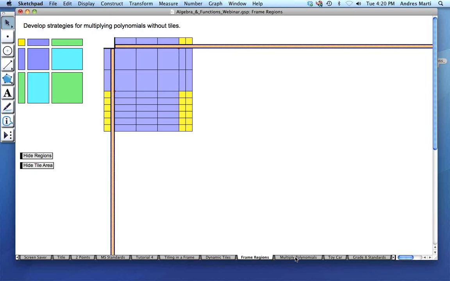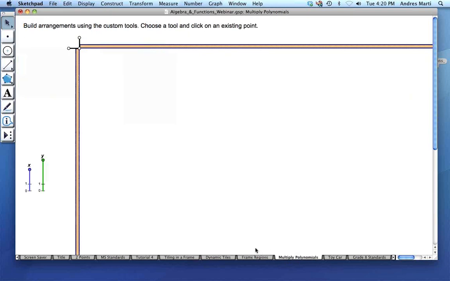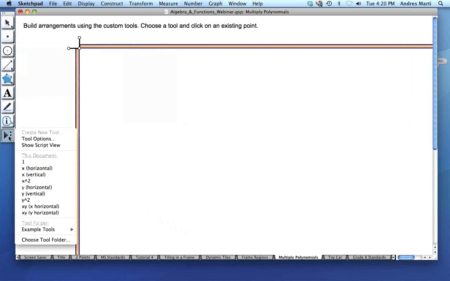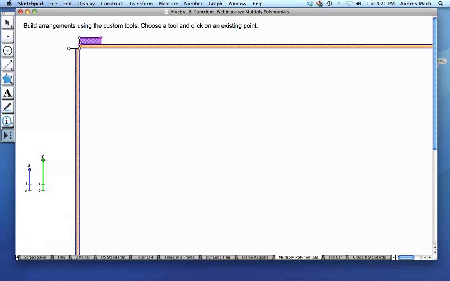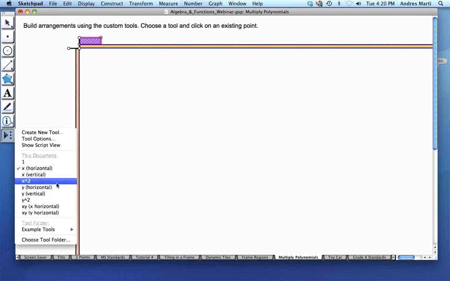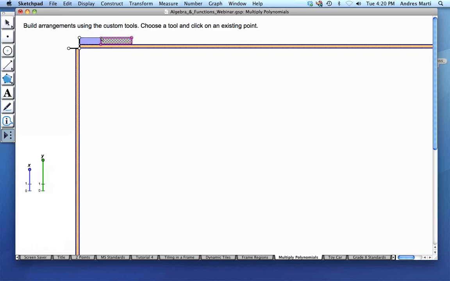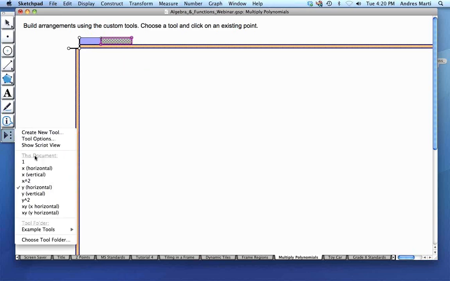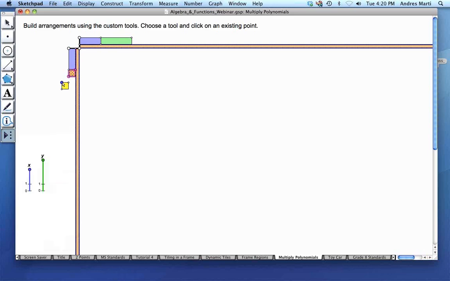But in the end, the last part of it kind of allows you to get to the most dynamic part of it again, using custom tools. So now I'm going to do something where I could do like x times y, or x plus y times, let's just do x plus 2.